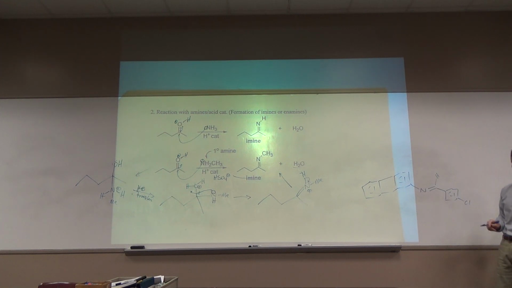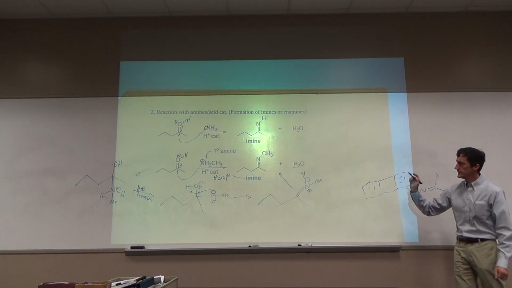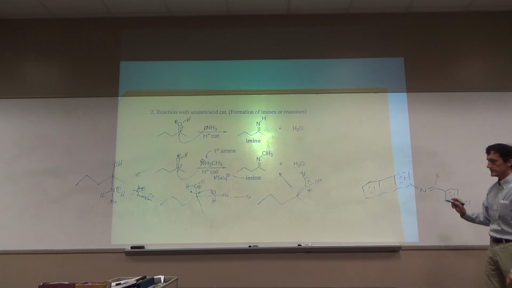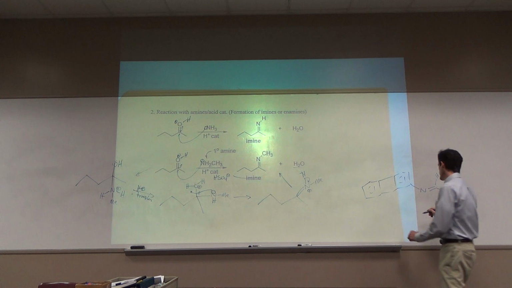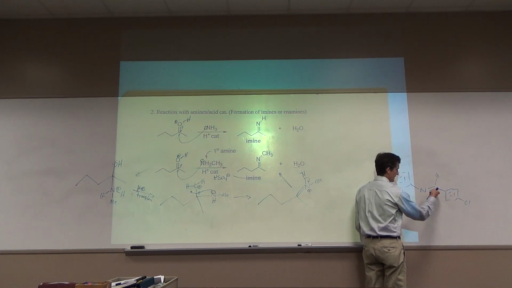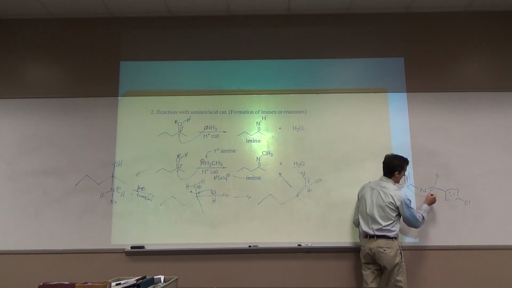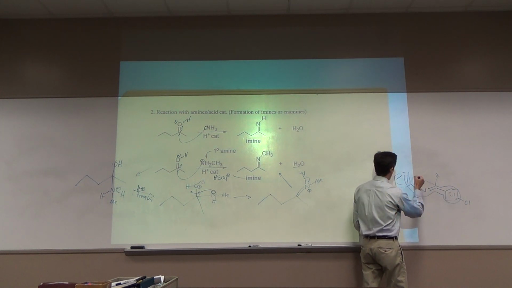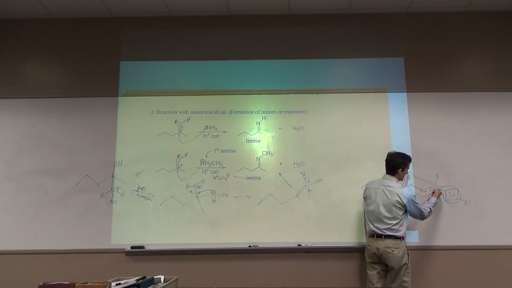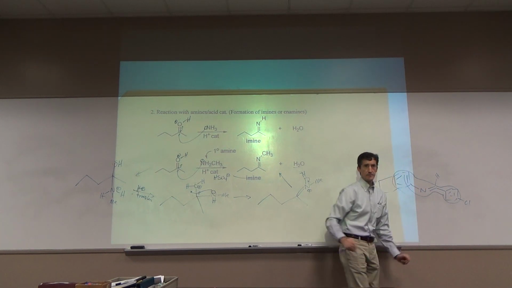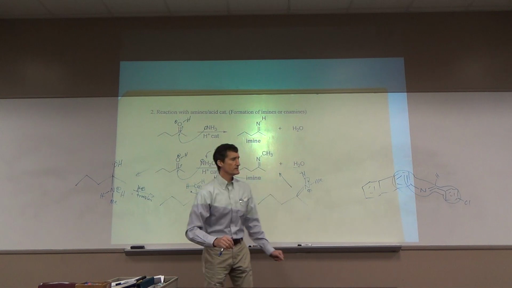The reason you didn't have to drive it by removing the water is because it's self-driven. It's self-driven because it's conjugated. You see the conjugation here? It's all conjugated. This double bond is conjugated here. You're making a highly conjugated system.